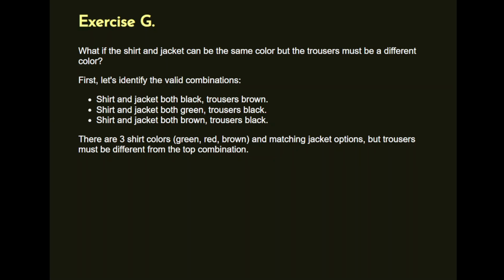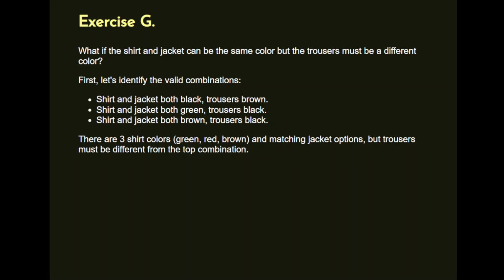But essentially, if we have a black jacket, that means we have to have brown trousers. Can't have the trousers the same color. So essentially, it's just looking through all the options that we had at the start, and just starting off with the shirt and the jacket, where can we build up where they have the same color?